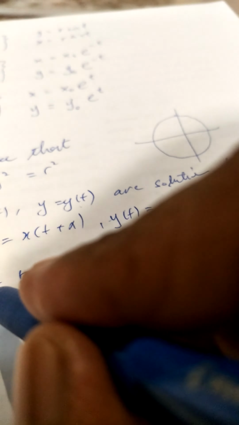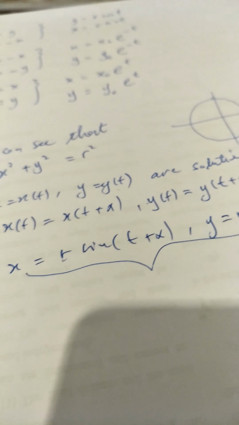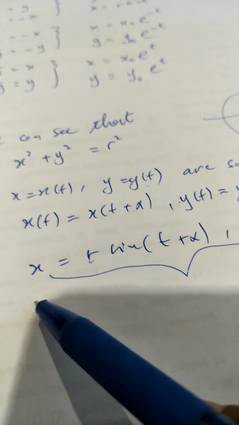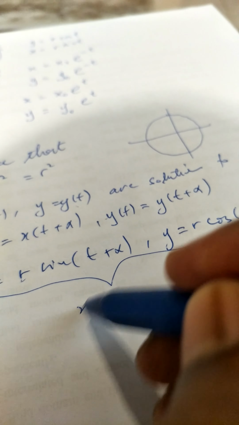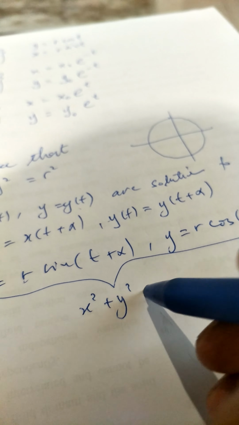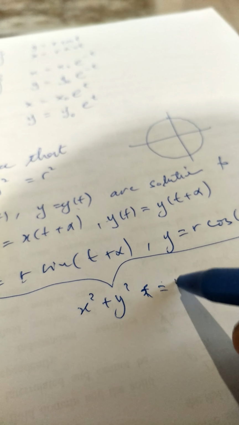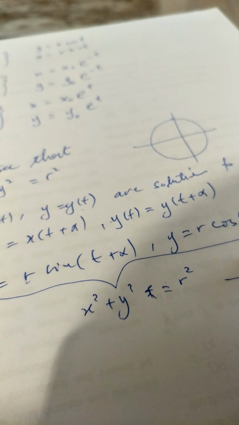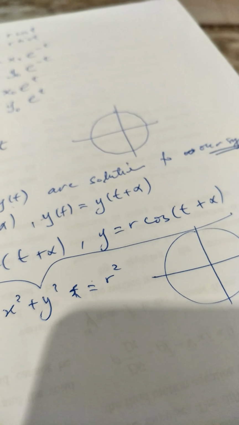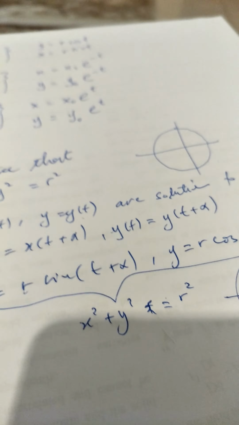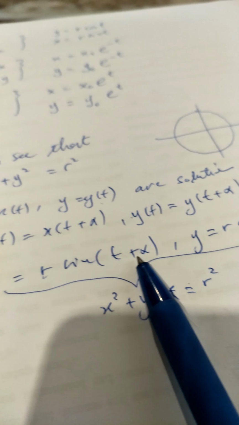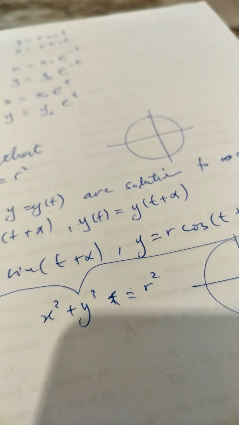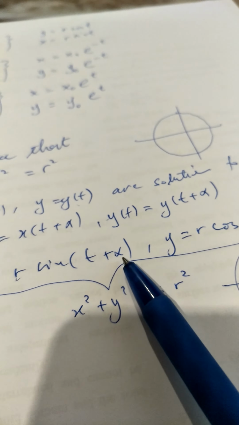Okay, if you look at these two solutions here and square them, we still have x squared plus y squared equal to r squared. Still gives you a circle. Which means that in this case you have infinitely many solutions. Why infinitely many? Because you can change alpha.